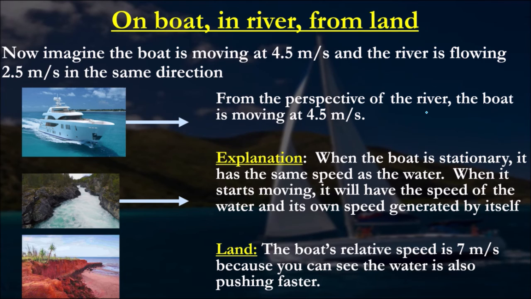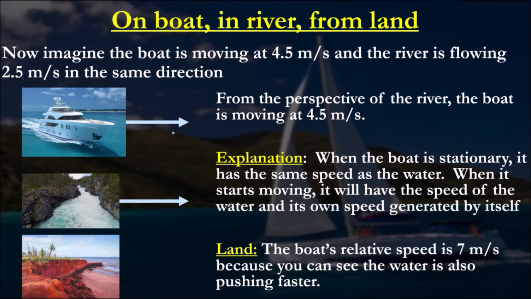So that can kind of alter the way we see the relative velocities for that. So when the boat is stationary, it will have the same speed as the water, which is sort of why we were saying if the boat was not moving, it would still have a velocity of 2.5 meters per second, because the river is still flowing.